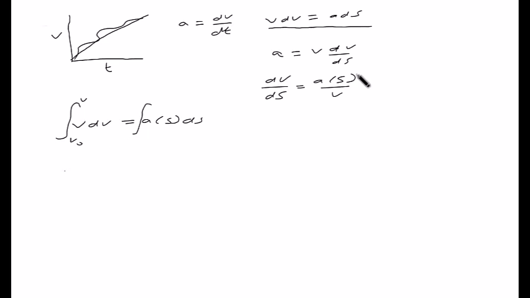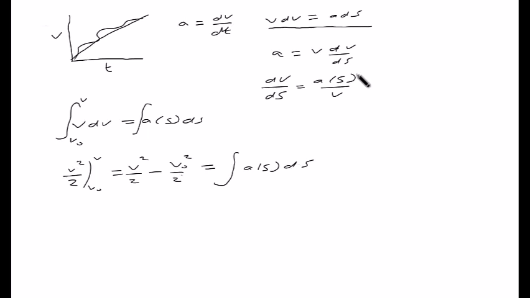It's just v squared over 2 between the limits of v0 and v, which is equal to v squared over 2 minus v0 squared over 2 equals our integral of a of s ds.